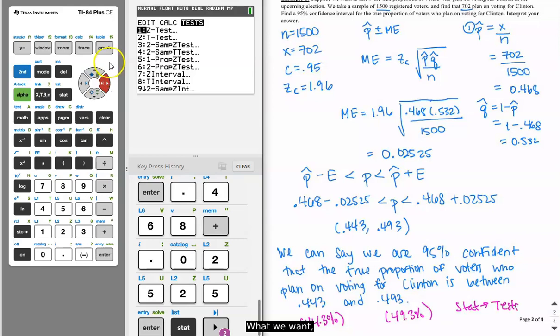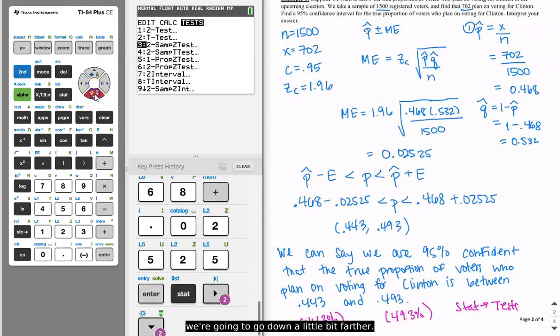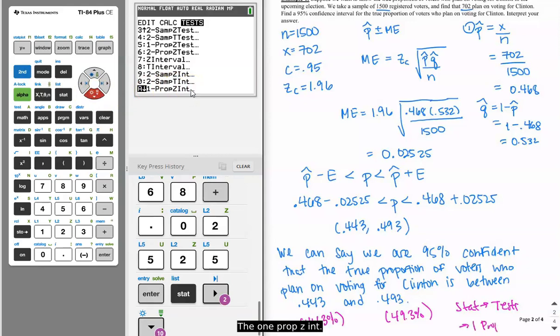And so what we want, we're going to go down a little bit farther. We want the one prop z interval. Lots there. So the one prop z int, the one proportion z interval.